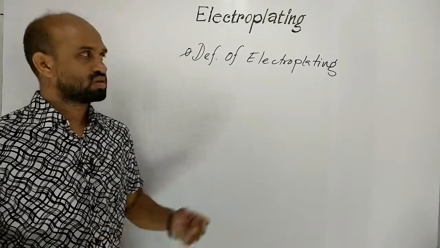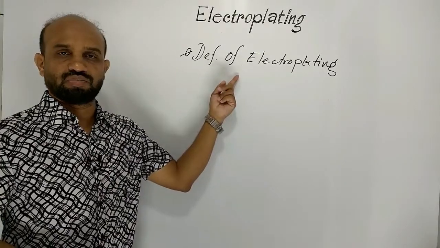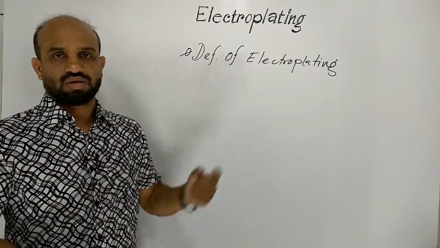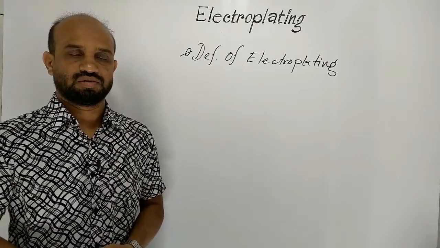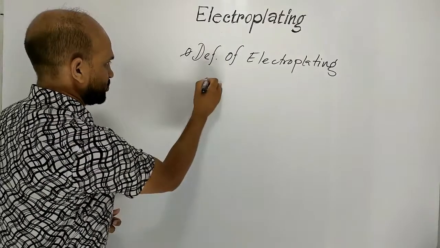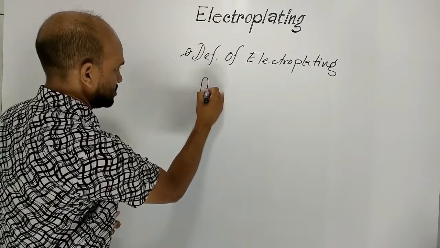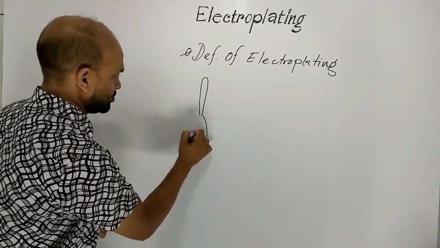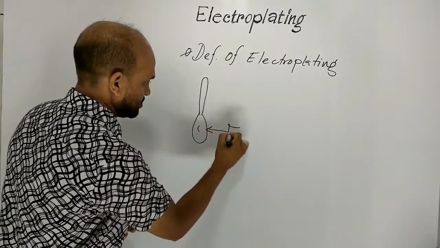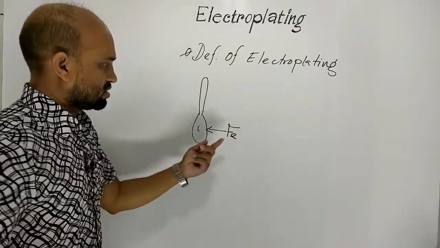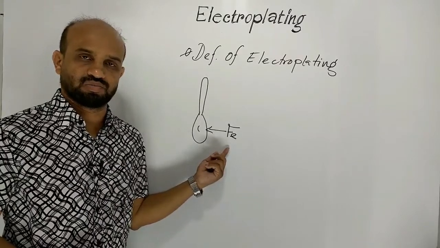First point is the definition of electroplating. Let's see what is the definition of electroplating. Suppose this is a spoon made of iron. Iron is a kind of reactive metal.